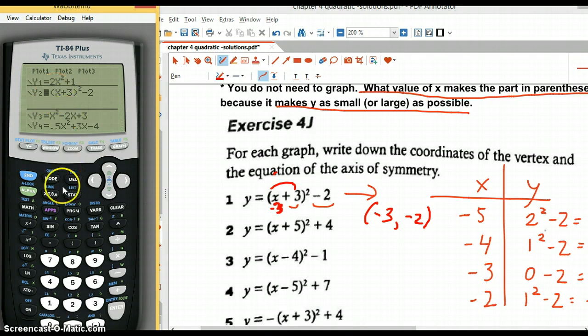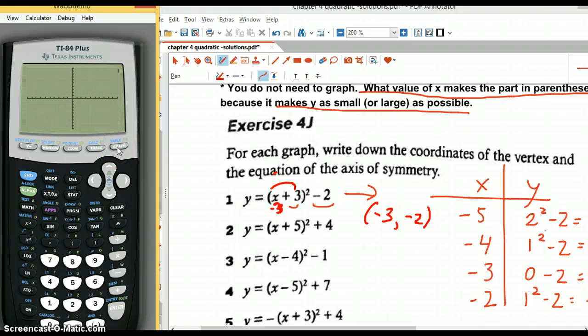I put parentheses, and then I typed this, plus 3, close parentheses, and then I pressed the arrow, and then I did minus 2, and that put this equation in there. Now I'm going to graph this one, so I press enter to make it black, do you see? And then I'm going to graph. And it's going to graph this parabola.